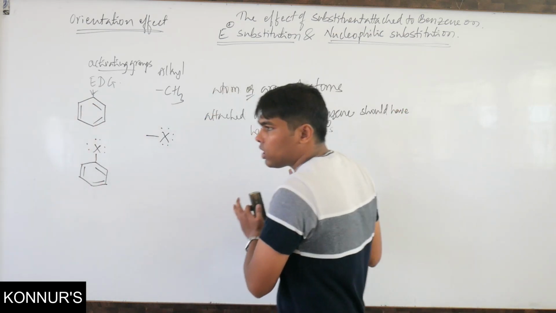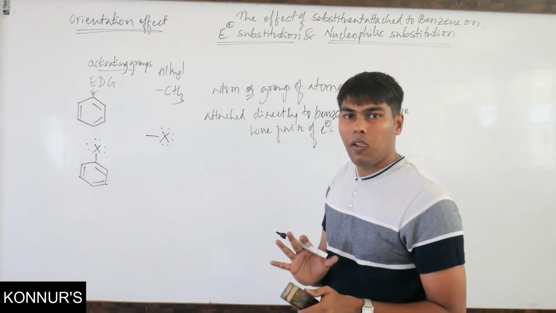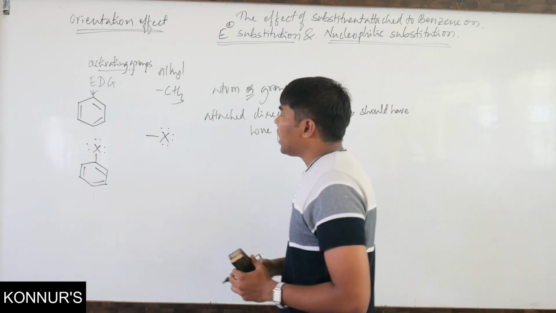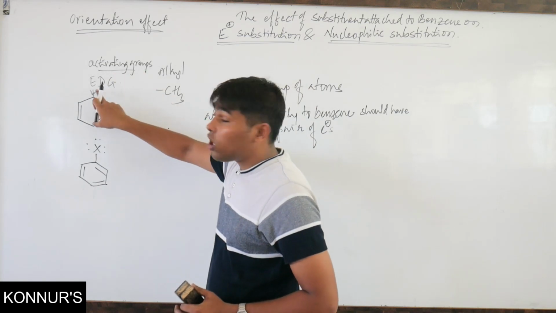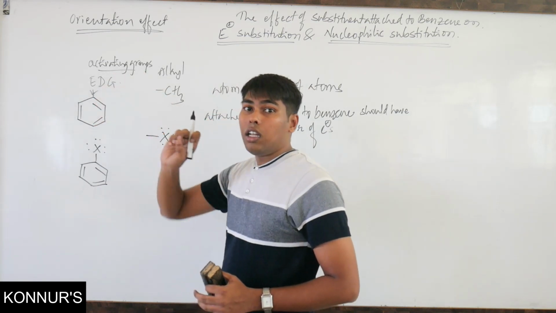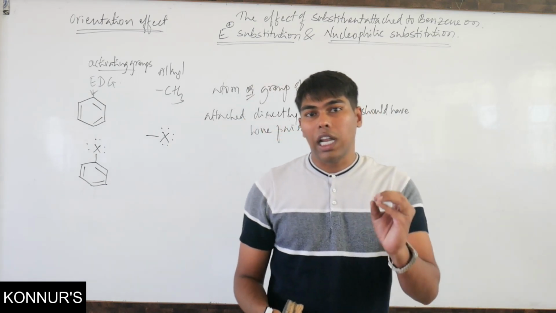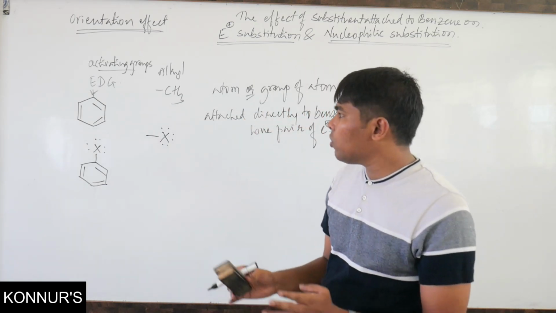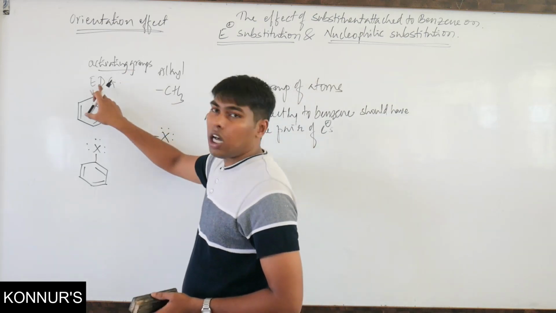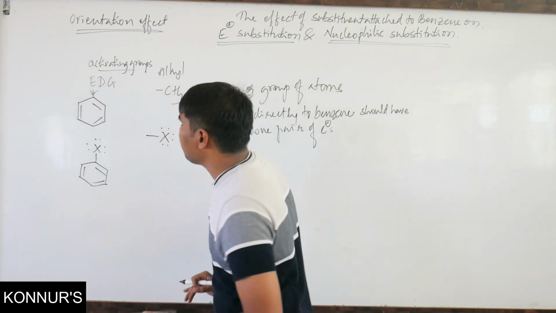I will tell you the idea behind the selection of the position. The activating groups are electron donating groups which activate the position of that carbon for electrophilic substitution. So electrophilic substitution activating groups are nothing but electron donating groups.